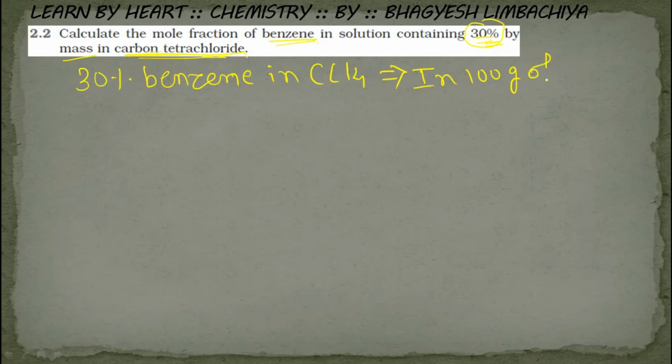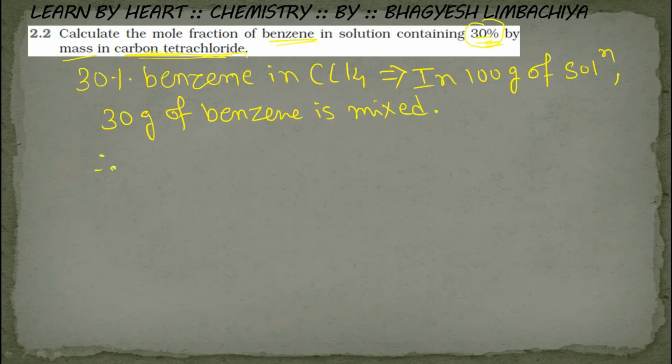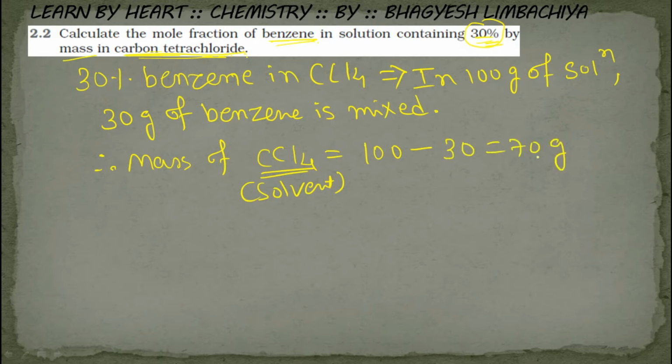So in 100 gram of solution, 30 gram of benzene is mixed, so the mass of CCl4, it's a solvent, will be the mass of solution minus the mass of solute, that is 30. So it will be 70 gram.